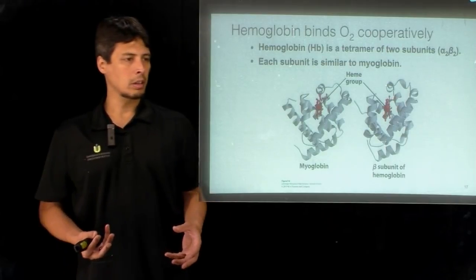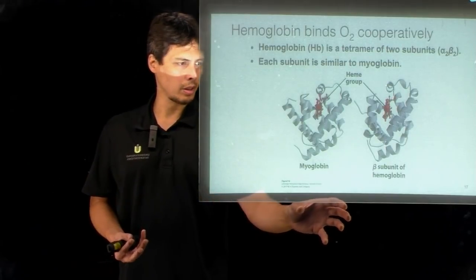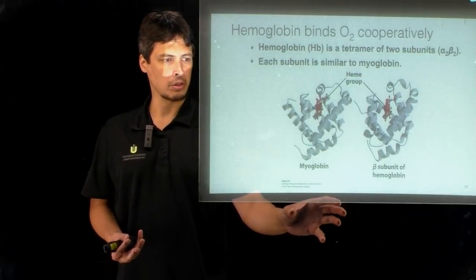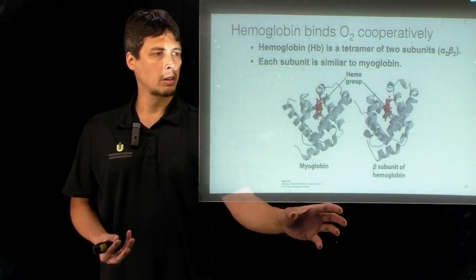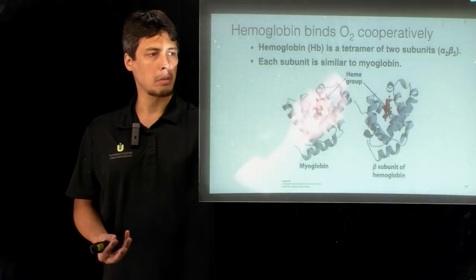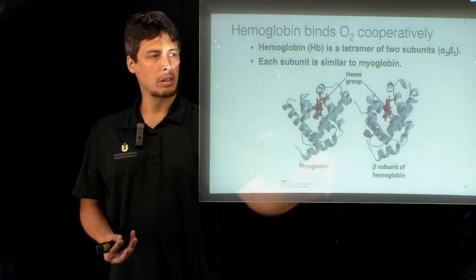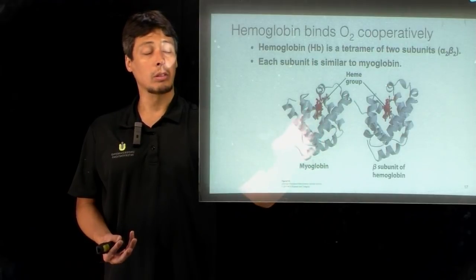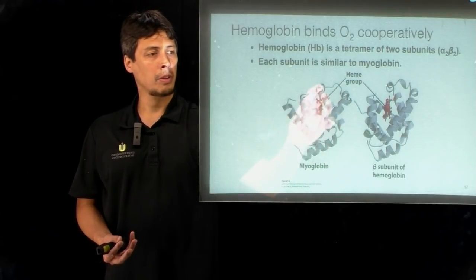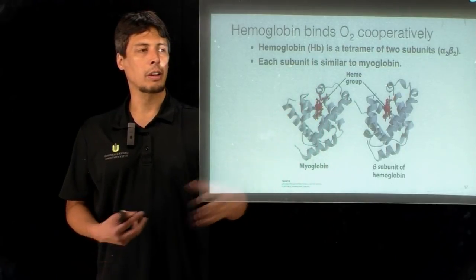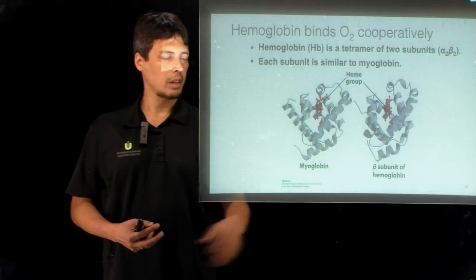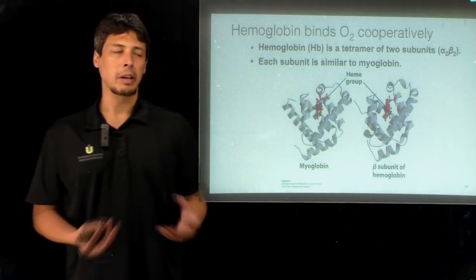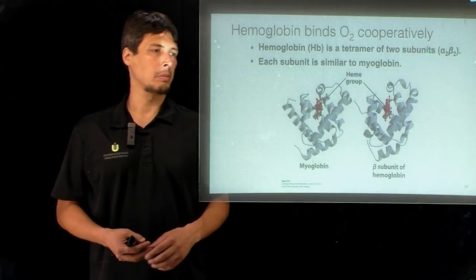But actually, if you look at the protein structure, here on the left is a crystal structure of myoglobin, and you can see, again, myoglobin is a monomer, and you can see the fold of the myoglobin monomer, and you can see the heme cofactor that's inside of there. And then compared right next to it is the beta subunit of hemoglobin, just for comparison.